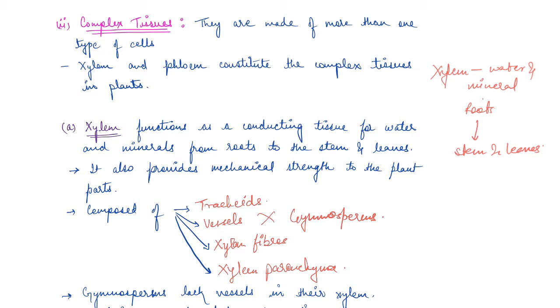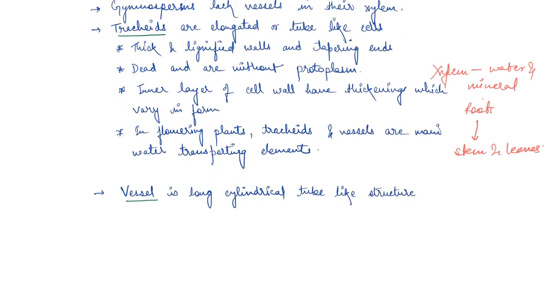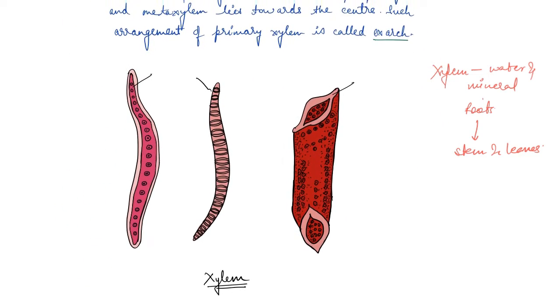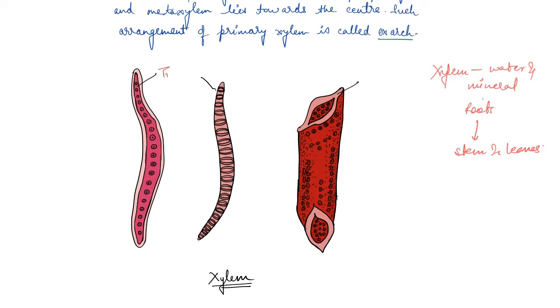Okay, so let's see what exactly are tracheids. Tracheids are elongated or tube-like cells, and they have thick and lignified walls, and the ends are tapered, right? If I show you this diagram, these are tracheids.